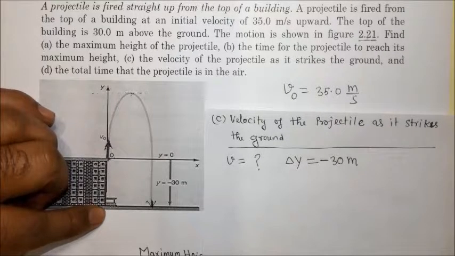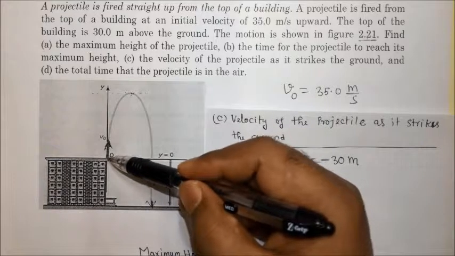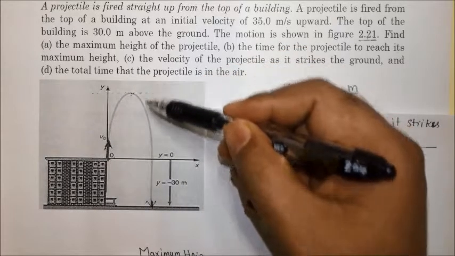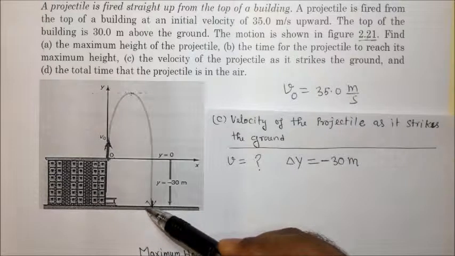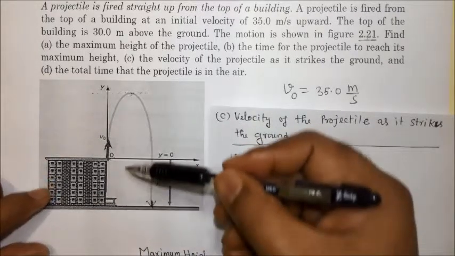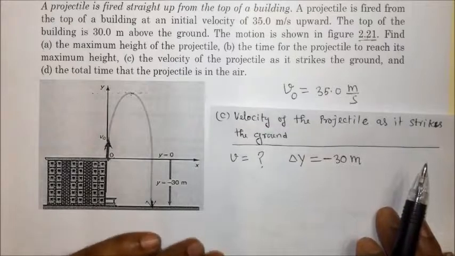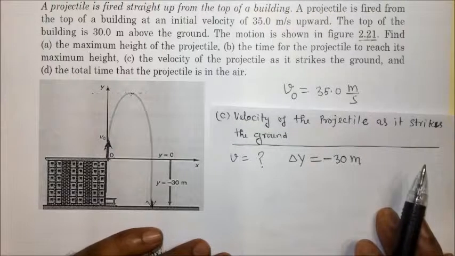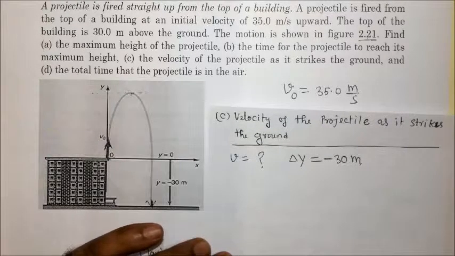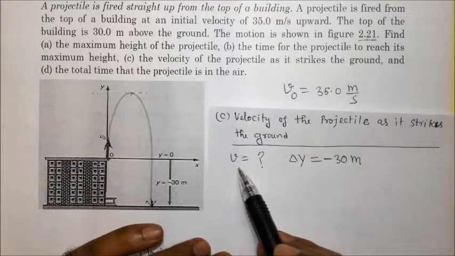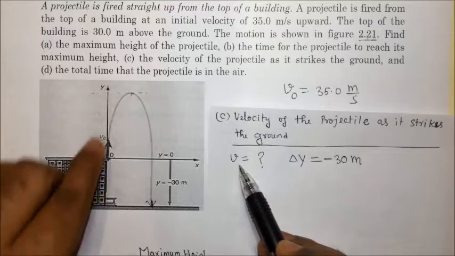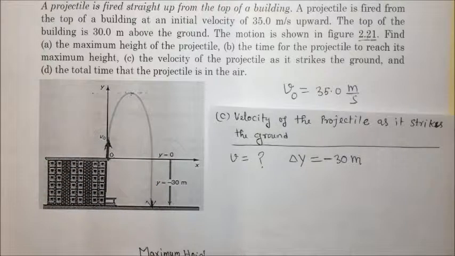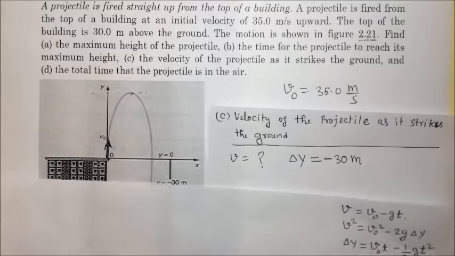No matter where it goes and comes back, if you look at the starting point and the end point, the delta y is going to be minus 30 meter. We are looking for V final. Right now we don't know how much total time it takes. So again we have three options.